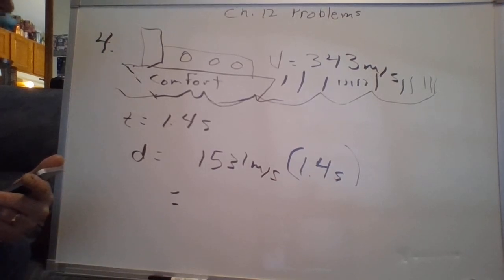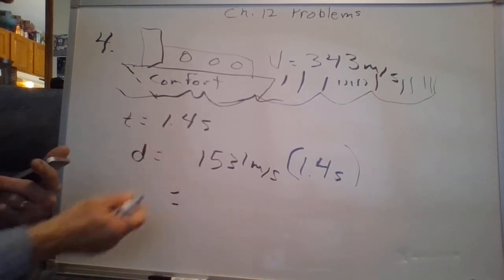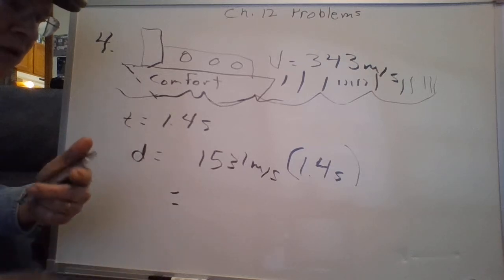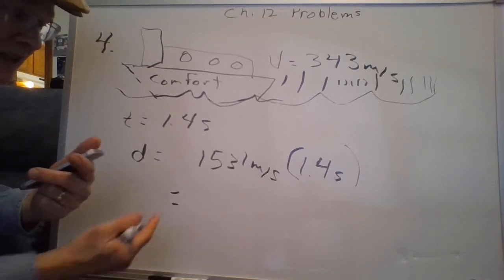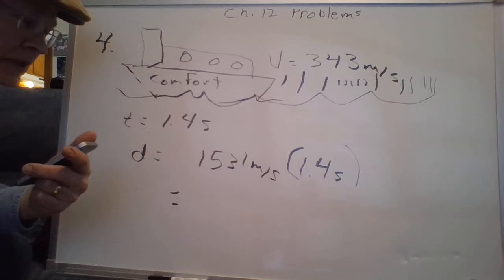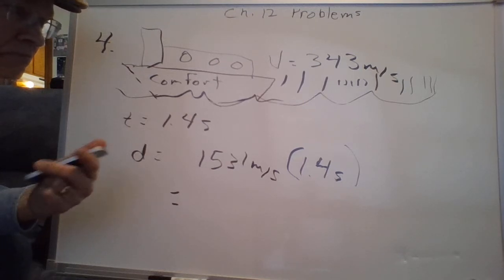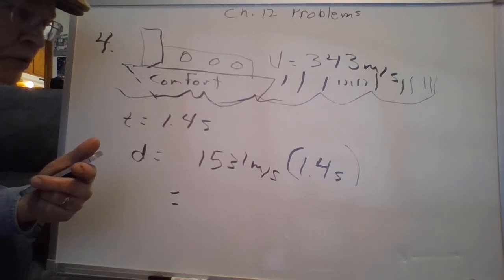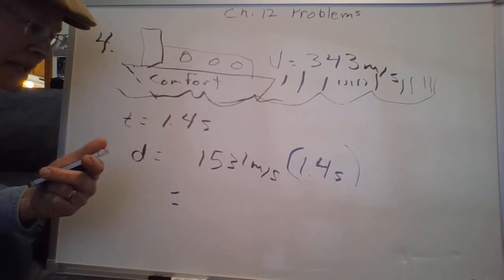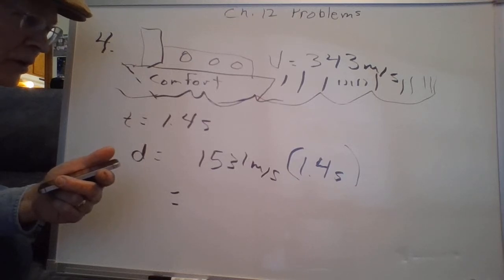Okay, we got more room. With t being 1.4 seconds, you can go back to either one of the distance equations. I just picked the one with the seawater. Sound travels 1531 times 1.4 seconds, because that's the equation. It was just t in the seawater.